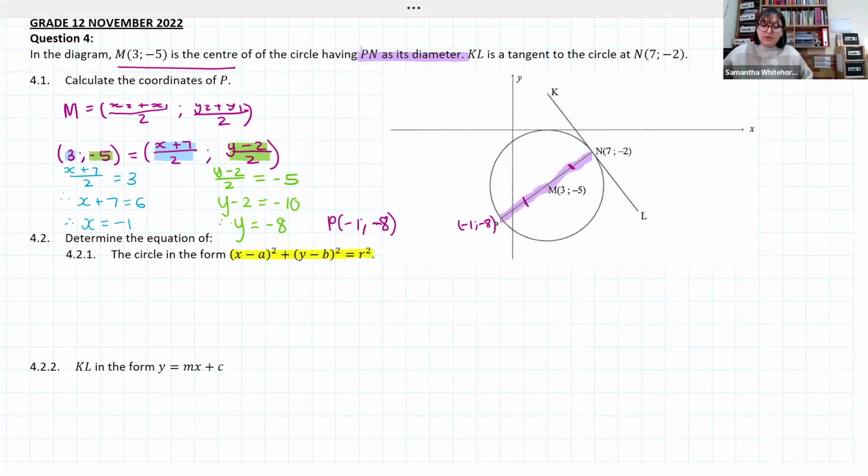I'll give you like a minute or two and then we'll have a look. Remember, if you're not sure about something, just ask.